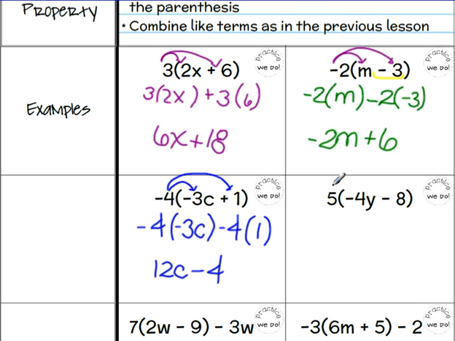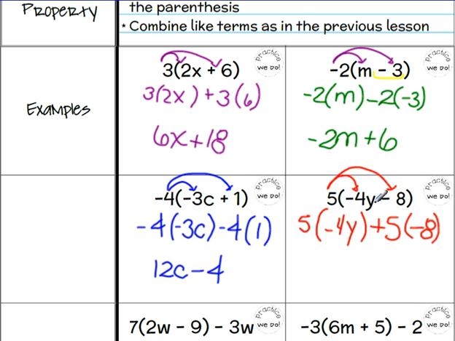On this next one, we are going to distribute the 5 to both terms in the parentheses. So 5 times negative 4y. Going back out to get that 5, and in this case it's a positive 5, so we have to have that plus 5 there, times negative 8.